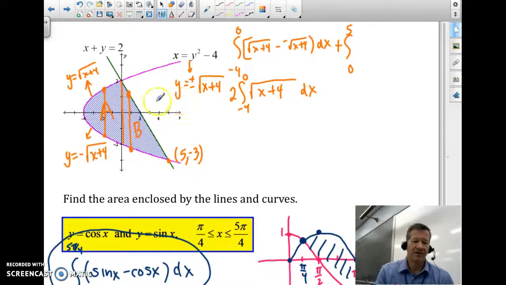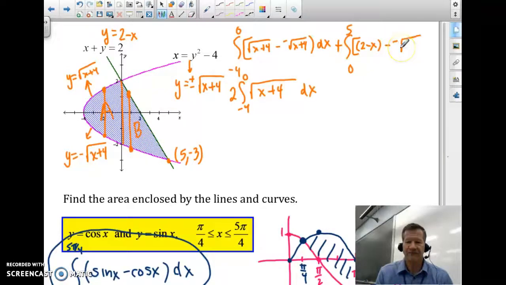Now, from 0 to 5, now the line is on top. Well, this line has an equation y equals 2 minus x. I have to get y by itself. So it would be the line 2 minus x, that y value, minus the lower half of the parabola, which would be negative square root of x plus 4 with respect to x.